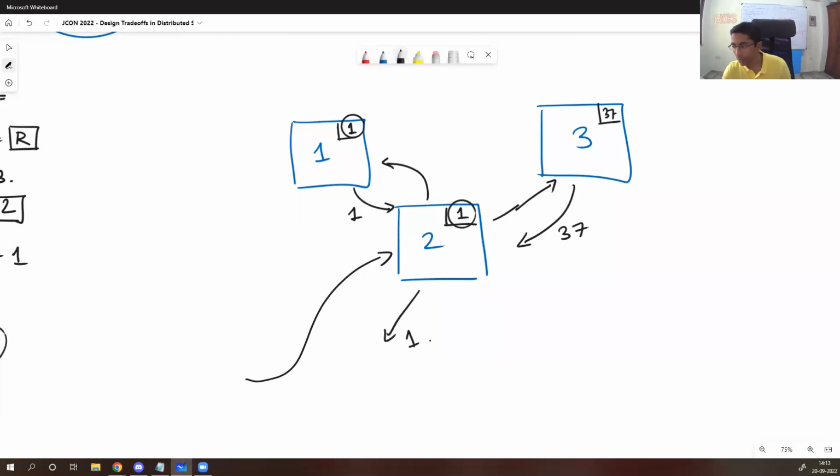But if 37 is a more updated value, so along with this value, if it sends a timestamp of update, let's say this is 56, and over here the timestamp of update is 10, and the timestamp of update is 12, then 2 can make the decision that, hey, this is the latest value. So maybe I should pick this up. Okay, so returning a different value might change the result, while if the same system is down, the result can be different.